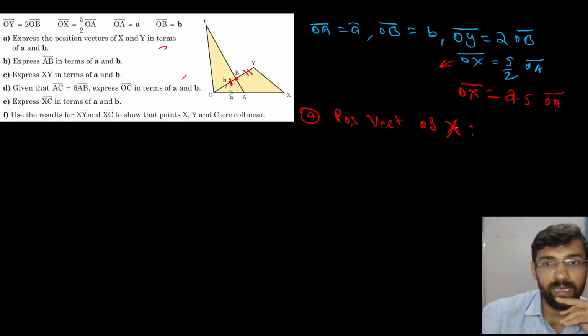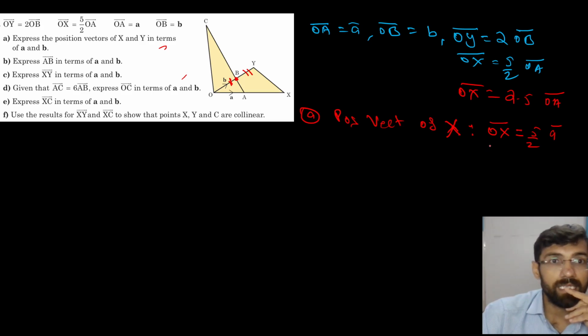So when I say position vector of X, I mean the OX vector. We have OX vector, 5 by 2 times OA, so OX vector is nothing but 5 by 2 times A vector.